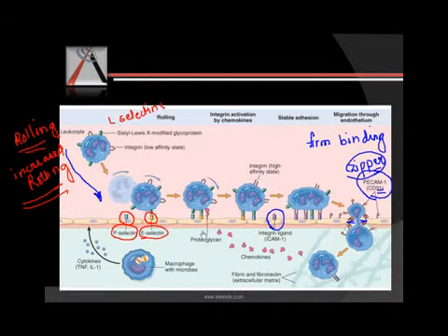If we summarize, normally the blood vessel walls are inspected by PMNs by rolling. This rolling is increased because of the expression of P-selectins and E-selectins. Then we have integrins, which cause firm binding. After that we have the zipper molecules, or PECAM-1.